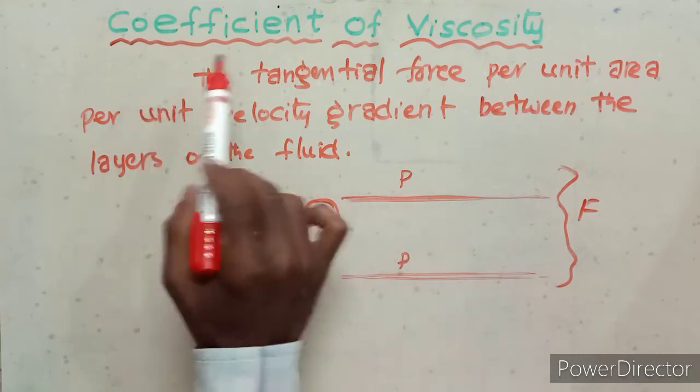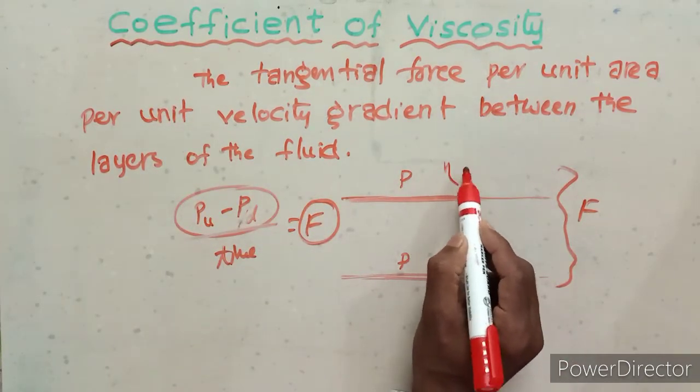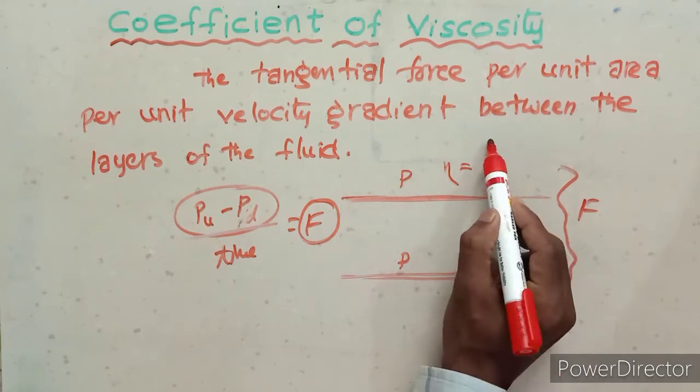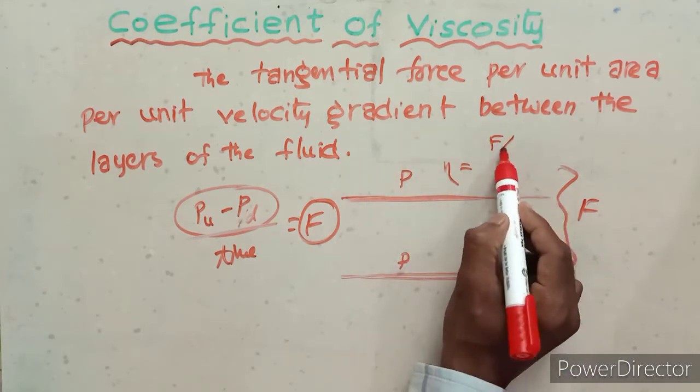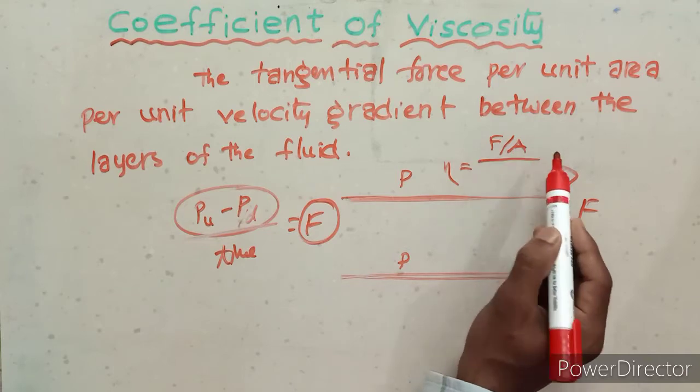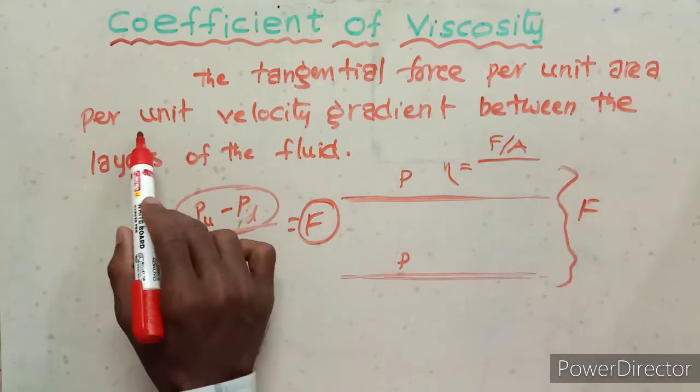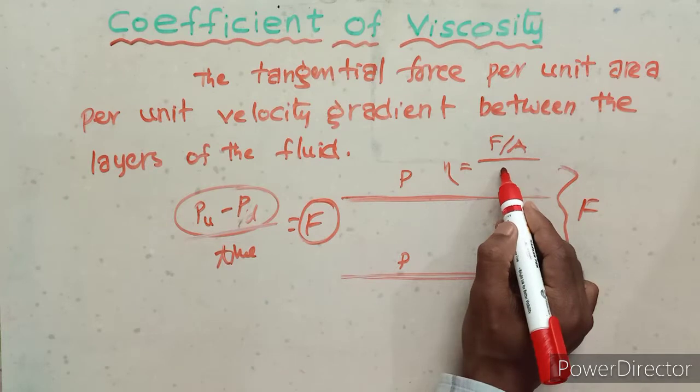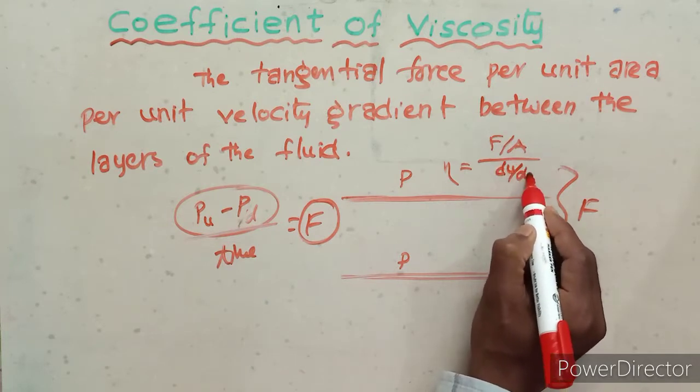Okay, the coefficient of viscosity eta is defined as the tangential force per unit area upon per unit velocity gradient. Velocity gradient means du upon dy.